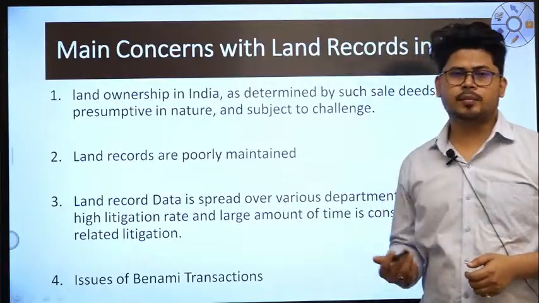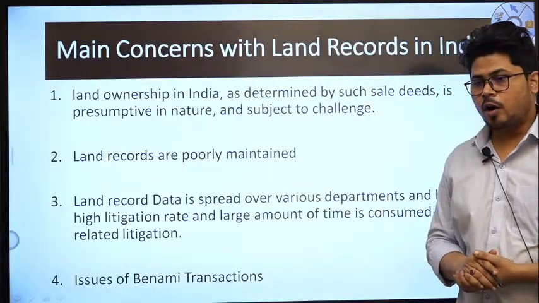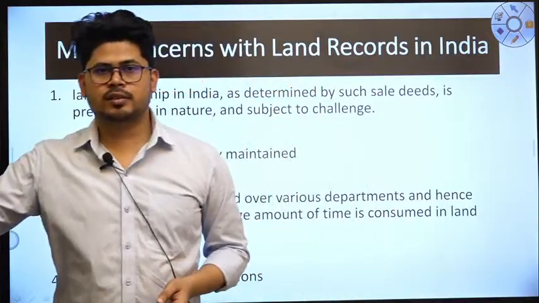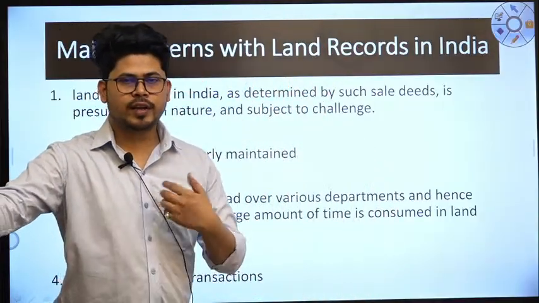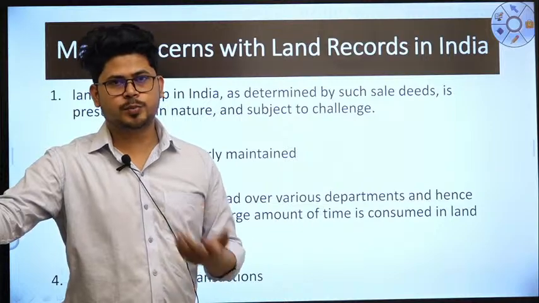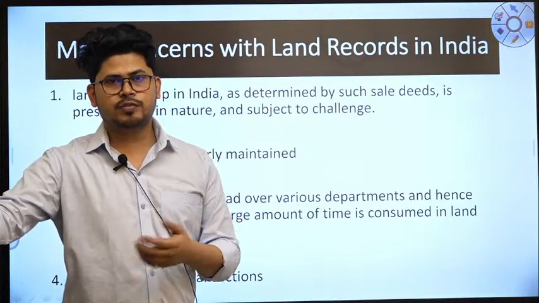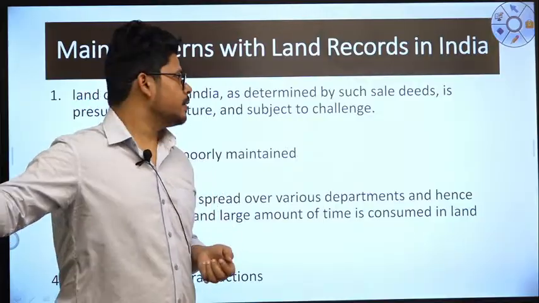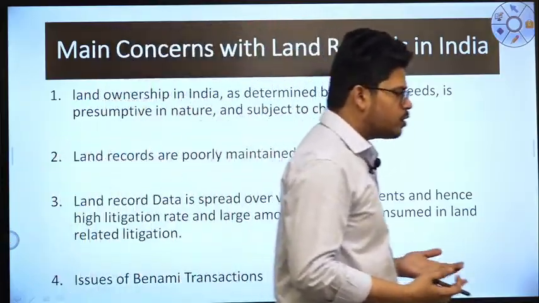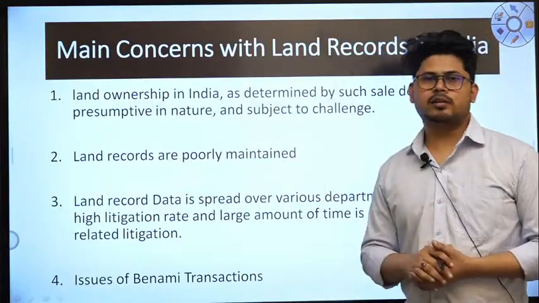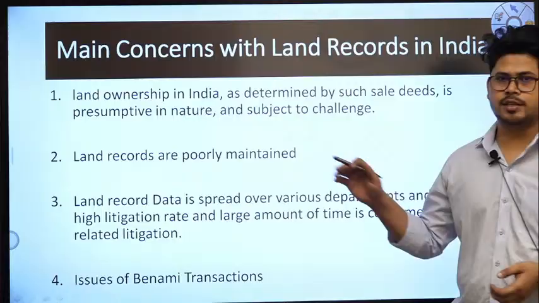And one survey of the Supreme Court also said that on an average a land dispute takes 20 years to settle. Already our courts are very overburdened with disputes. In the Supreme Court itself around 54,000 cases are pending. And in the whole country around 1 crore cases are pending. And most of the cases in lower courts are about civil disputes. Okay.